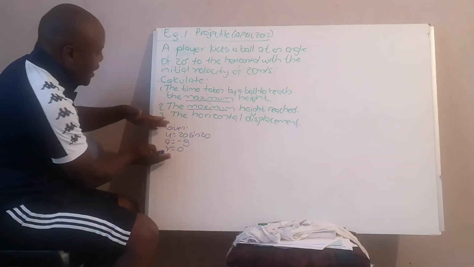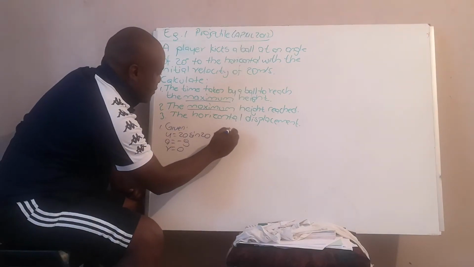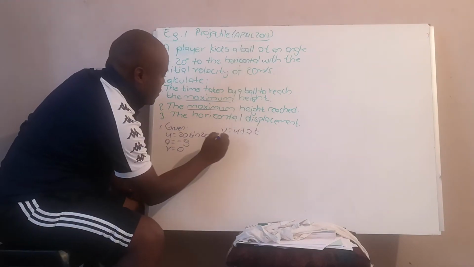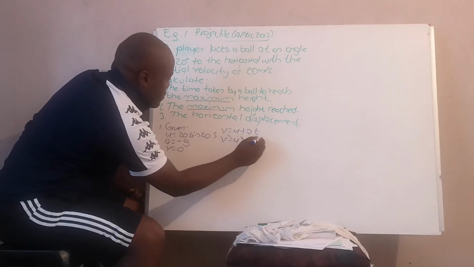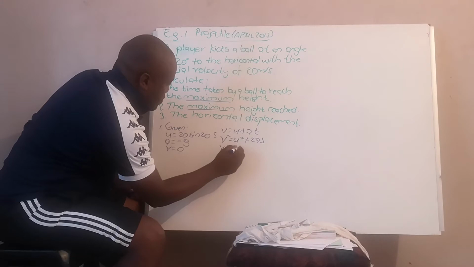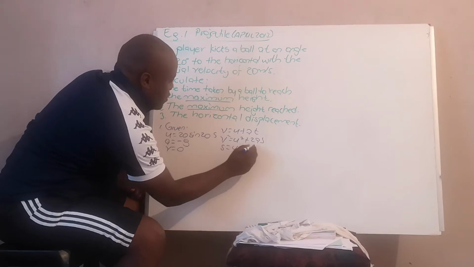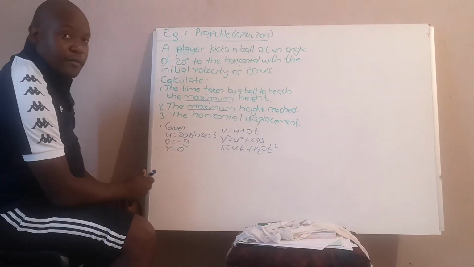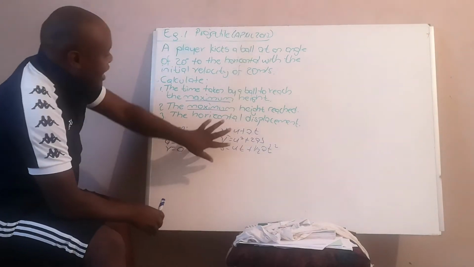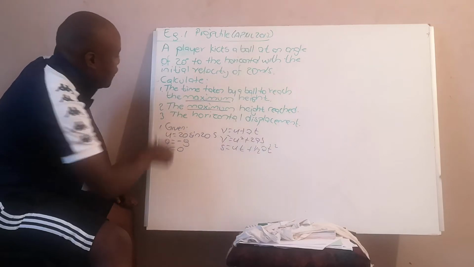You need to write down what you have, and then here are your 3 equations. Check which equation you can use first to find your time.